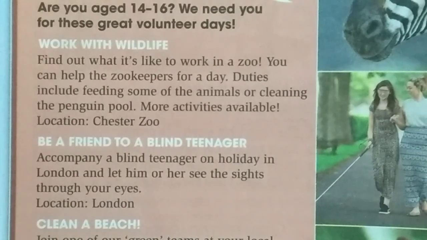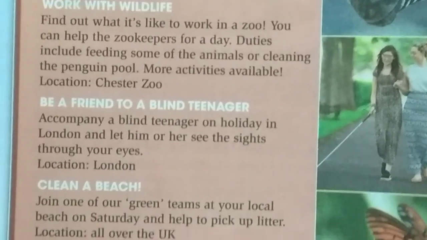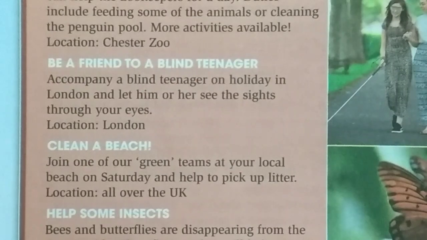More activities available, and the location is Chester Zoo. Next activity will be a friend to a blind teenager. Accompany a blind teenager on holiday in London and let him or her see the sights through your eyes. The location is London.